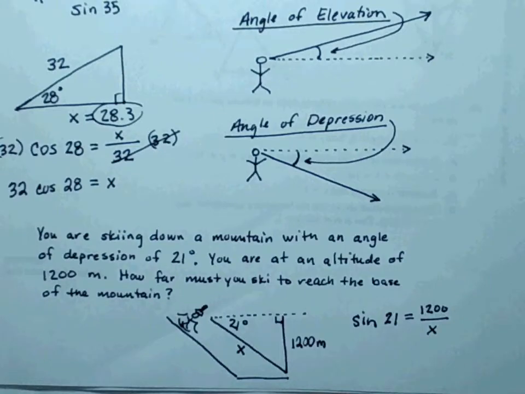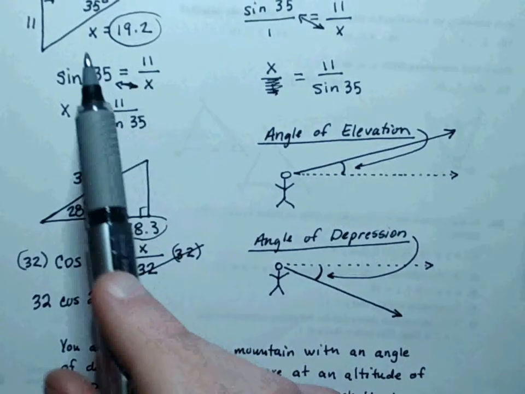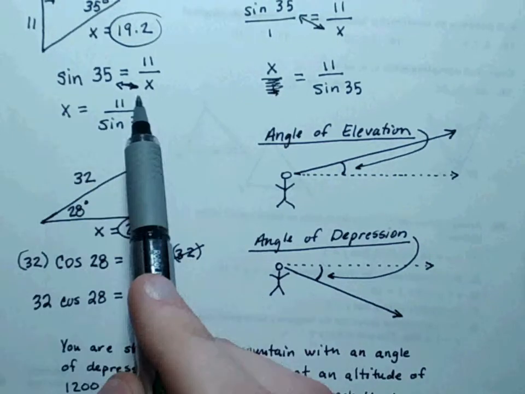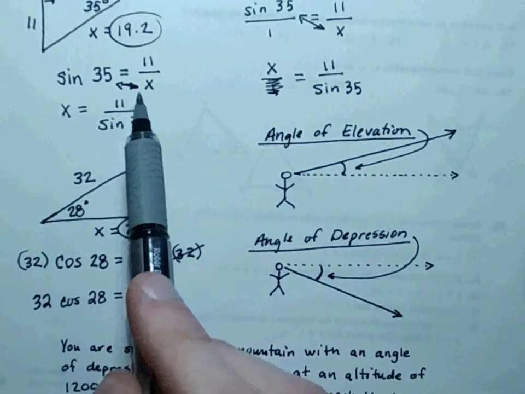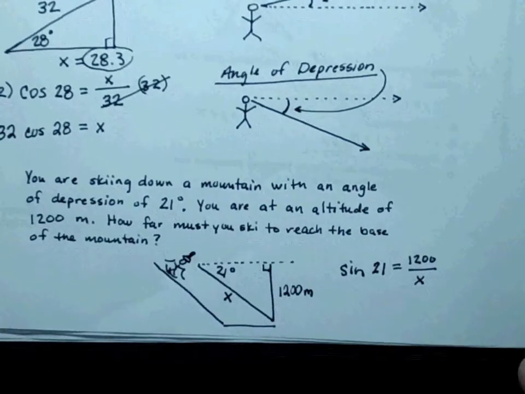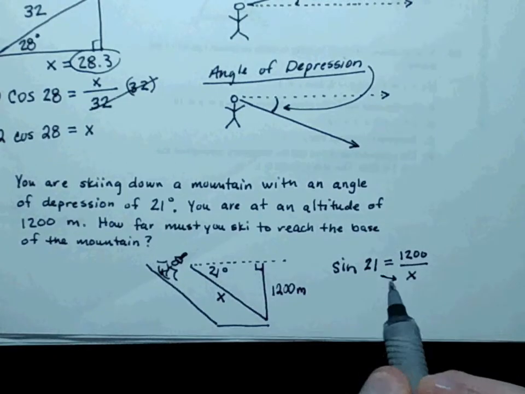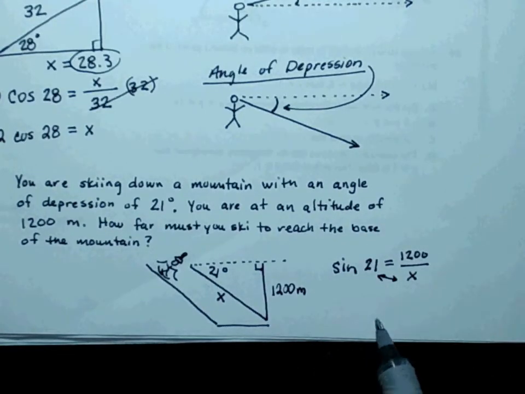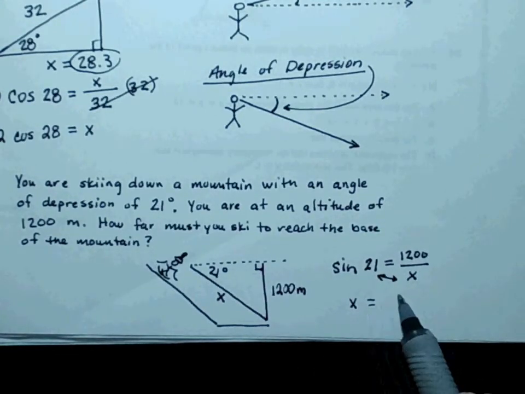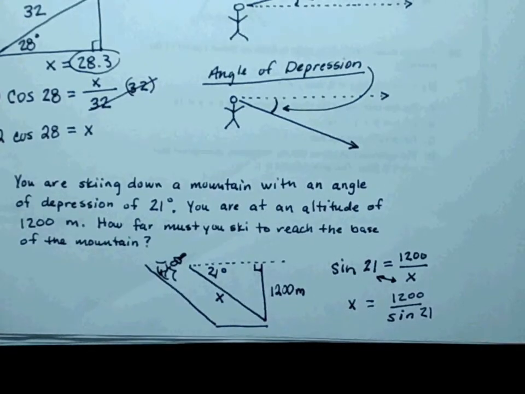Now, this one looks very familiar to the one we did up here. When x is in the denominator, remember we're going to use our little interchange shortcut. So since x is down here in the denominator, we're going to exchange these two. And that's going to give us x equals 1200 over sine of 21.